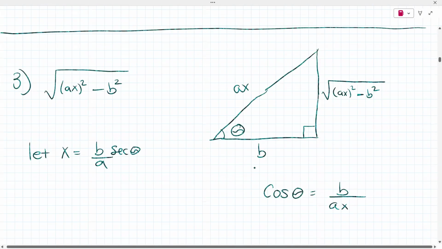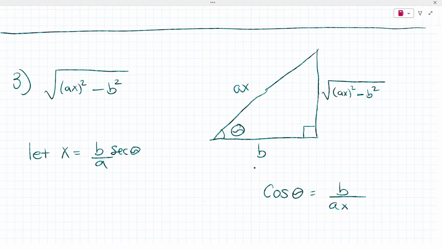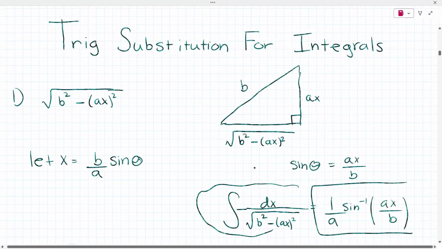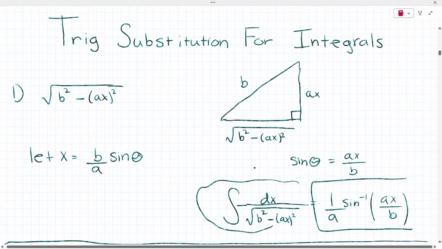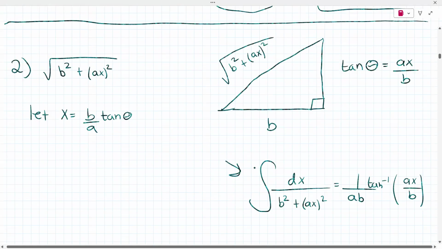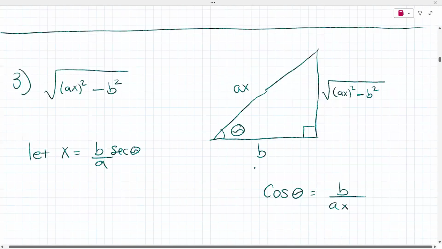So go ahead and write those 3 rules down because we're going to need them when we do these problems. Here's rule 1. Here's rule 2. And here's rule 3.